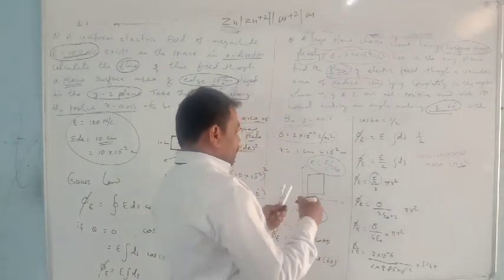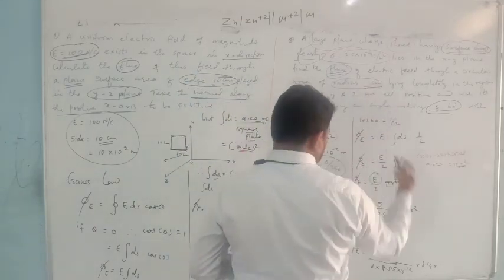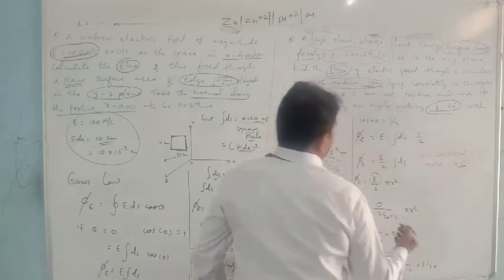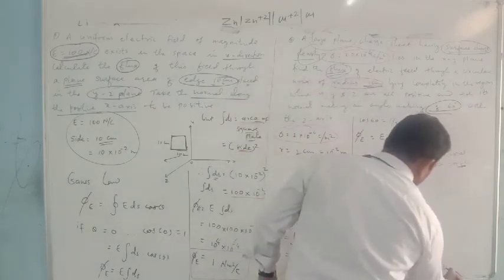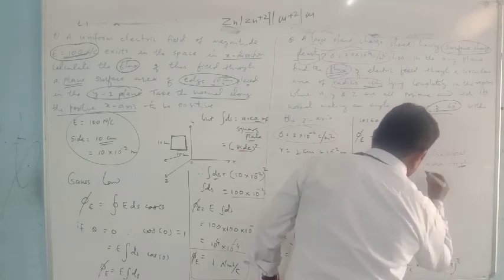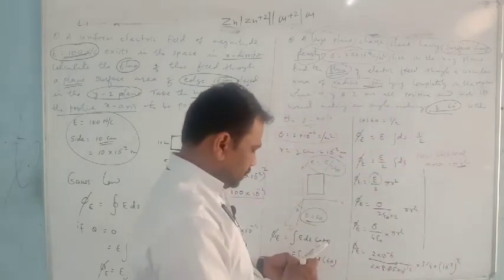The radius is 1 centimeter, which means 10 to the power minus 2, whole square.